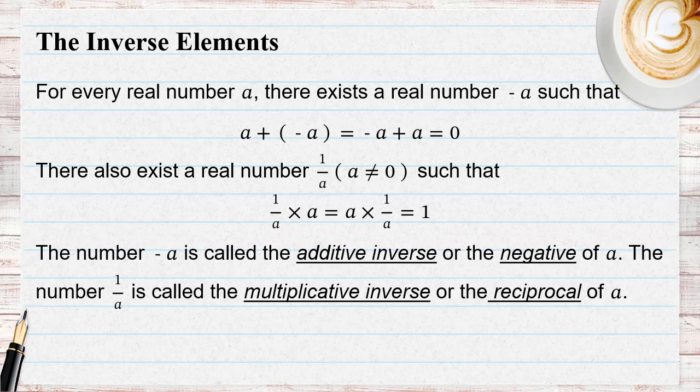There also exists a real number 1 over A, provided that A is not equal to 0, such that 1 over A times A is equal to A times 1 over A, which equals 1. The number negative A is called the additive inverse, or the negative of A. The number 1 over A is called the multiplicative inverse, or the reciprocal of A.